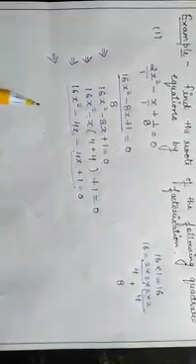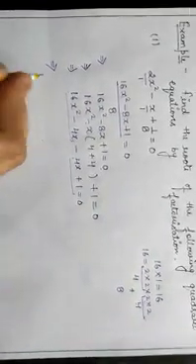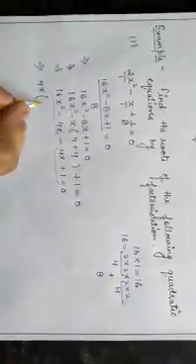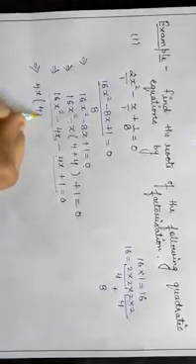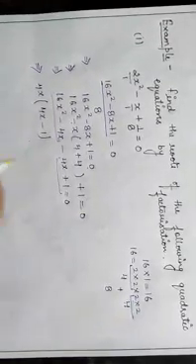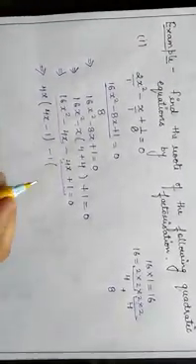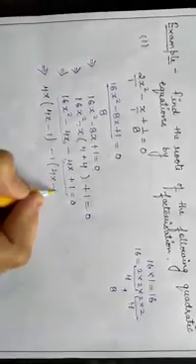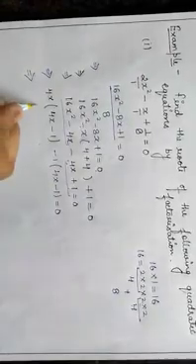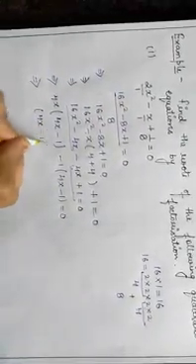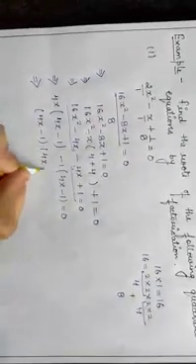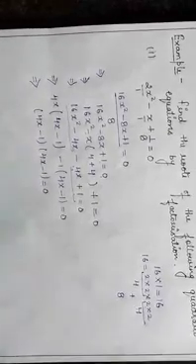I'll take the common part from the first group. The common part is 4x, then the remaining one is 4x minus 1. Similarly, the common part is minus 1 and 4x minus 1 remains. Then it gives 4x minus 1 and 4x minus 1 is equal to 0.